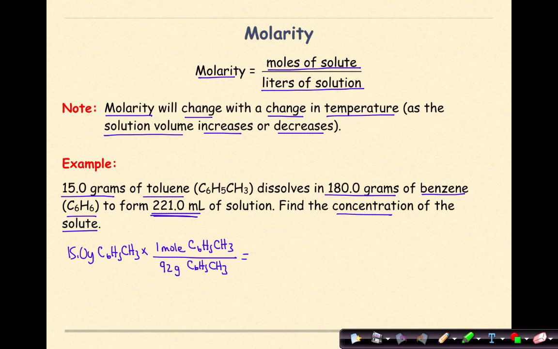And if we work this out, we get 0.163 moles of toluene.